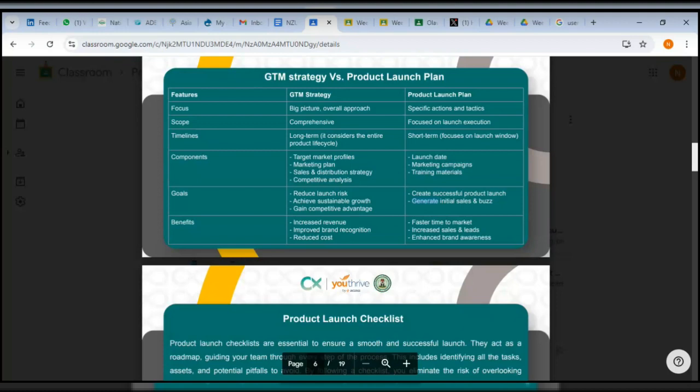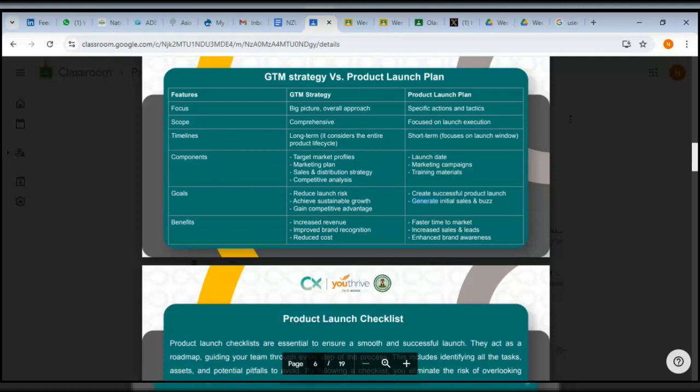And then the goal for a product launch plan is that it creates a successful product launch, meaning that it should be smooth and easy to use your product once you've launched, right? Of course, there is no product without a bug, one or two bugs and all that.